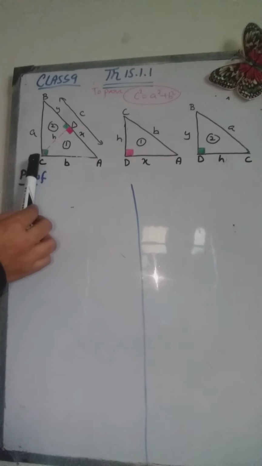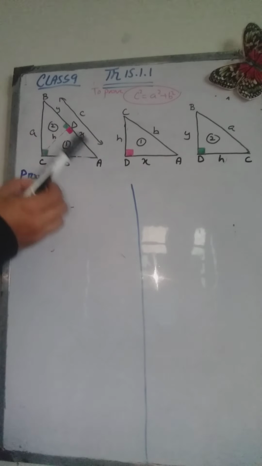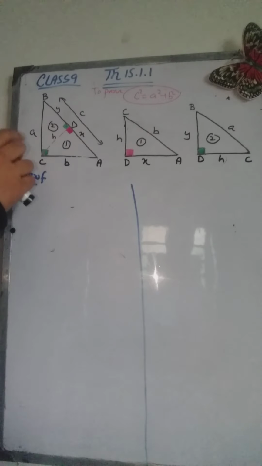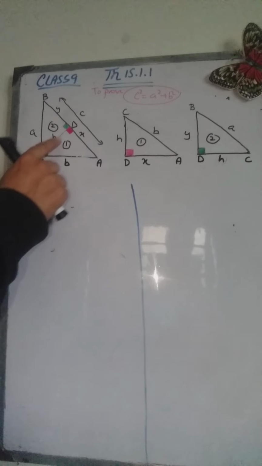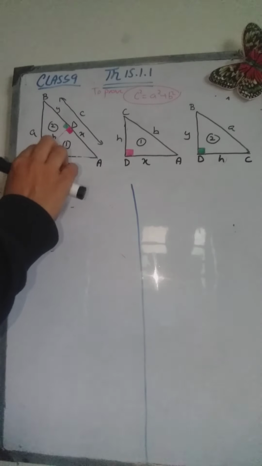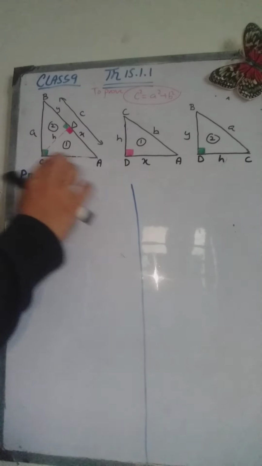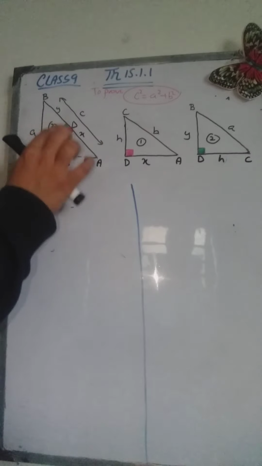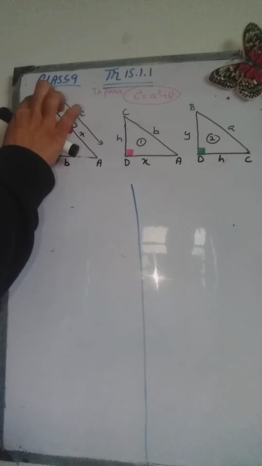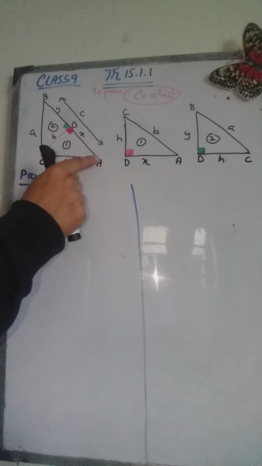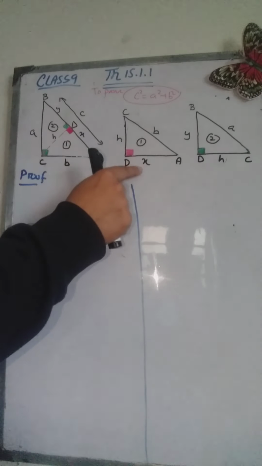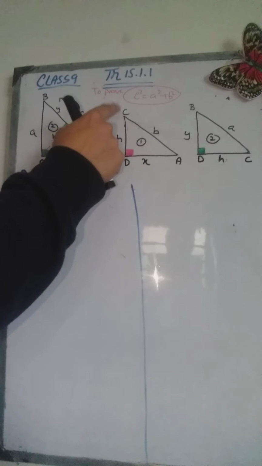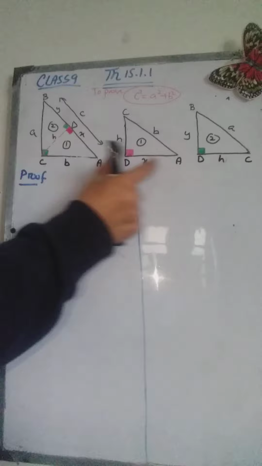In the construction, we constructed this perpendicular CD, which is perpendicular to this side. As a result we have two triangles. I have drawn this triangle over here, first ADC, with this right angle. We have three right triangles: ACB, the bigger one, then triangle ADC, which I have drawn here, taking the lengths the same as in this figure.